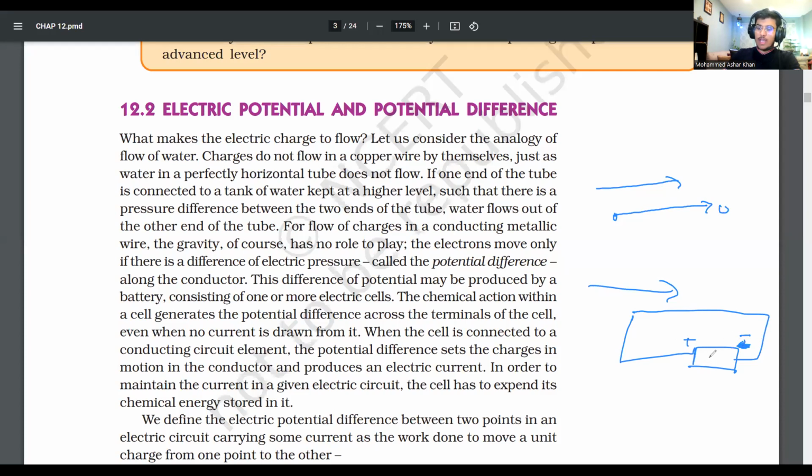These two terminals and the chemical energy in the cell create a potential difference between terminal A here and terminal B here. Since there is an electrical potential difference between these two terminals, electrons are prompted to move in this direction, again moving from positive to negative.